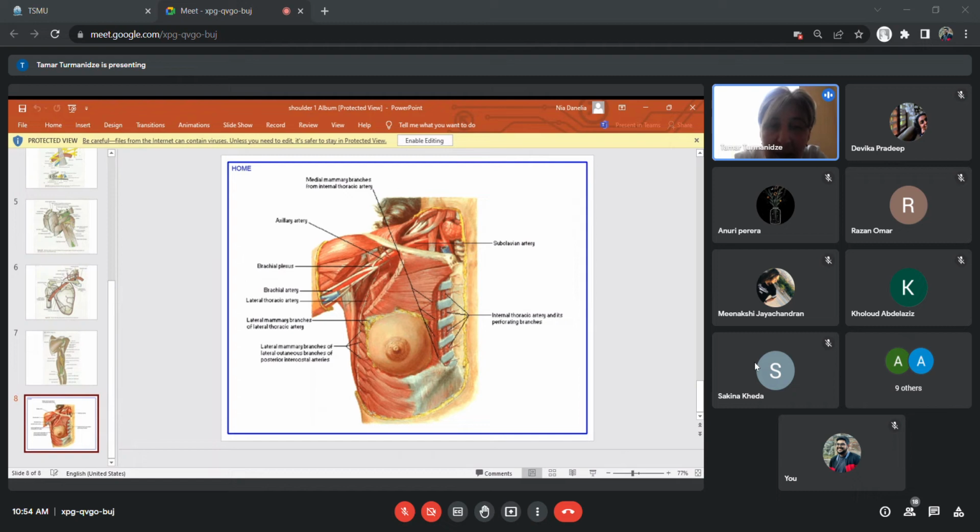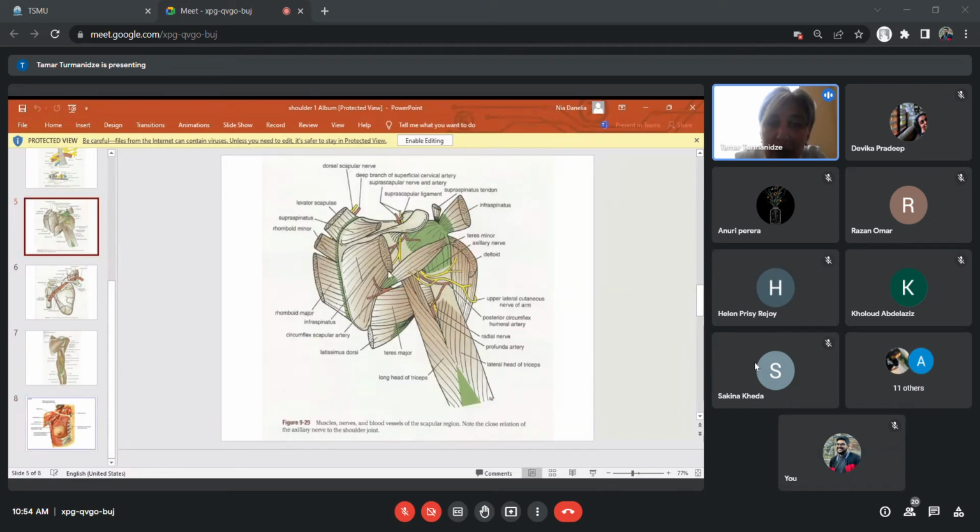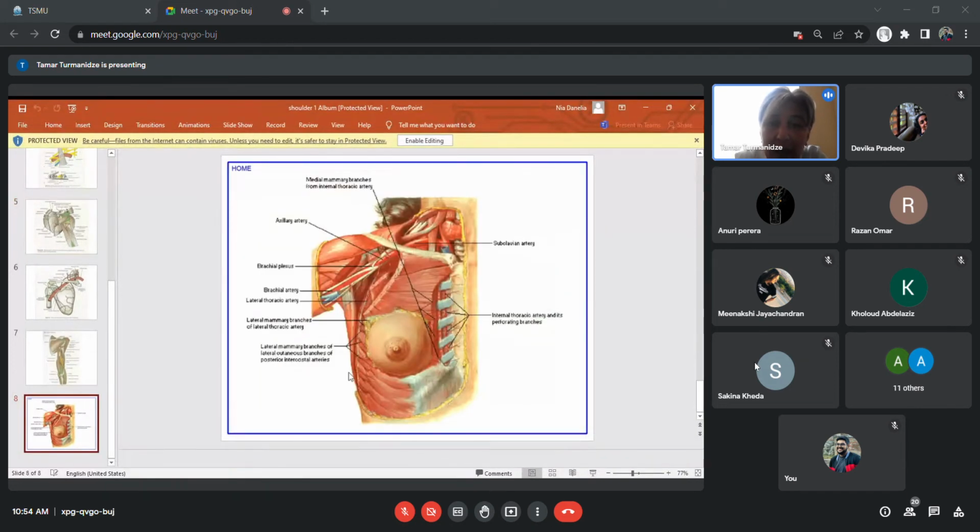The axillary fossa is the depression of the region which is formed by the muscles. It has 4 walls: the anterior wall of the axilla, posterior wall of the axilla, medial wall of the axilla, and lateral wall of the axilla.